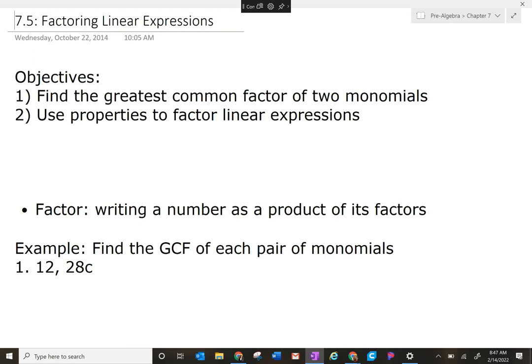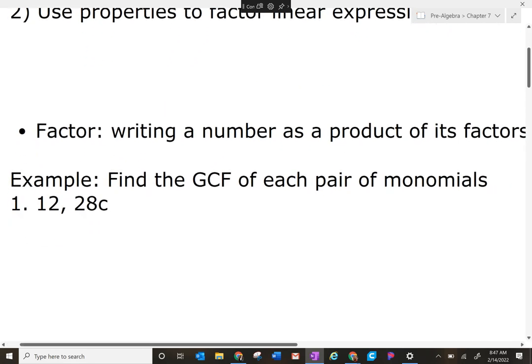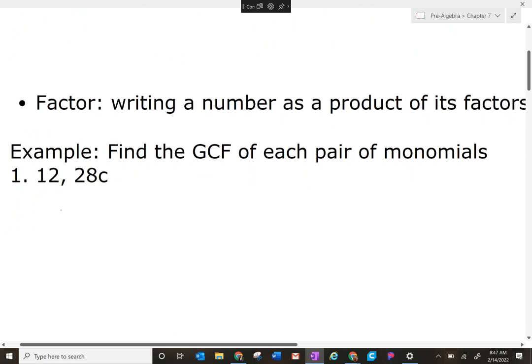I'll start with the number 12. To get 12, I'm going to look at different combinations of numbers that I could multiply together to get 12.